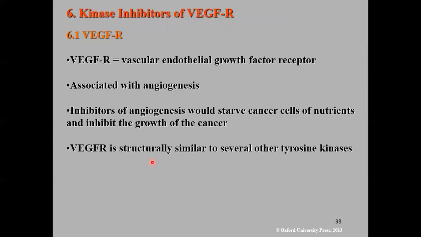VEGFR is structurally similar to several other tyrosine kinases. So again, it's a tyrosine kinase. Current inhibitors are multi-kinase inhibitors. So there is no selective inhibitor for the VEGFR, but there are some inhibitors that inhibit different kinases, among them the VEGFR.